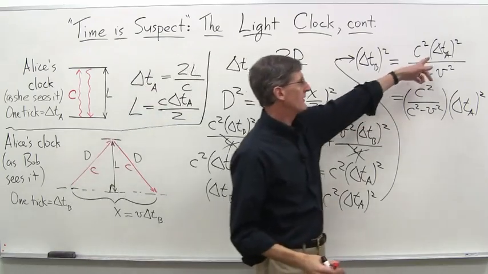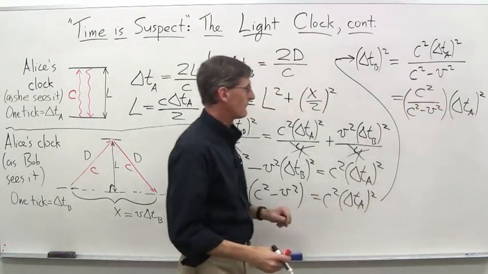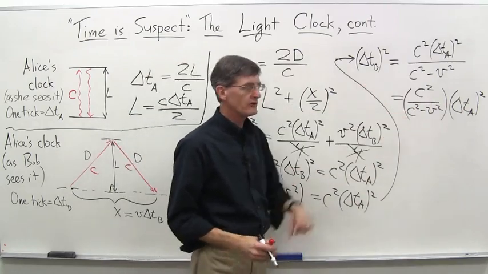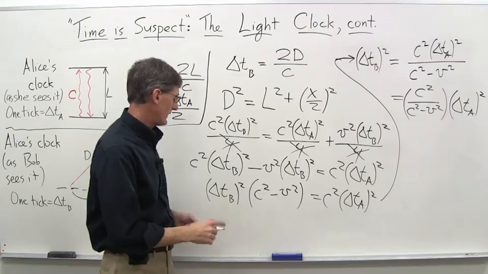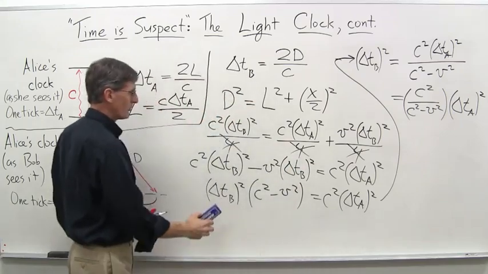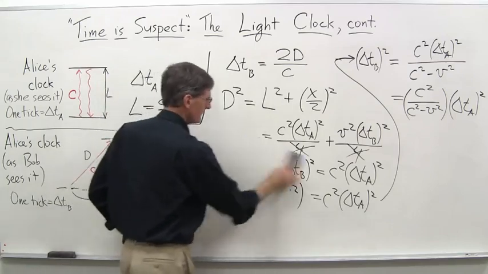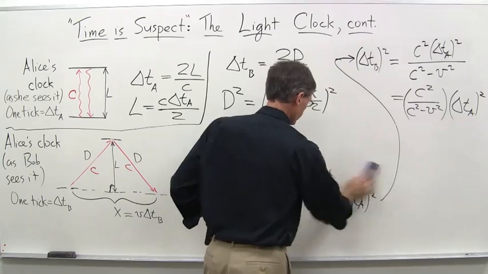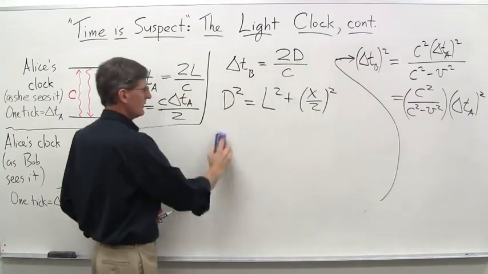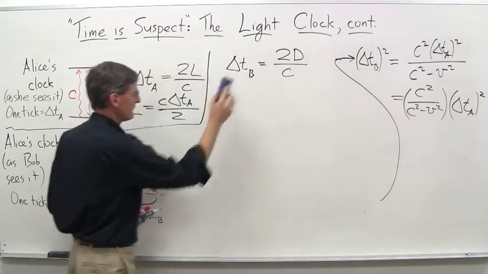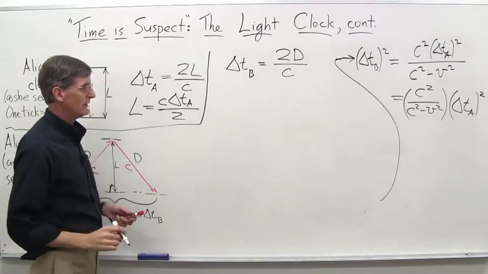I really didn't do much of anything there. I just moved the delta TA squared out here. So we can focus on the c squared over c squared minus v squared. And now let's bring it back to the center of the board. So we've done all these manipulations here. We don't need this anymore either. We'll leave up our original delta TB there.